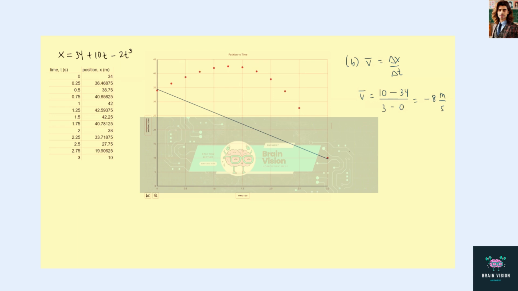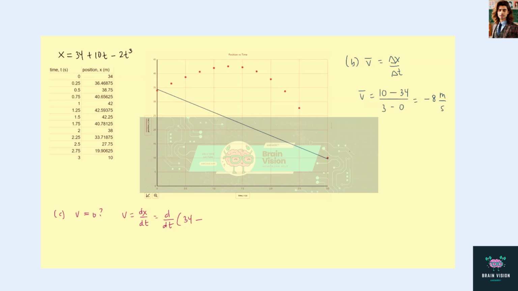And now to find where the instantaneous velocity equals 0, we need, first of all, to find the derivative, because the instantaneous velocity is found with the derivative of the position with respect to time.